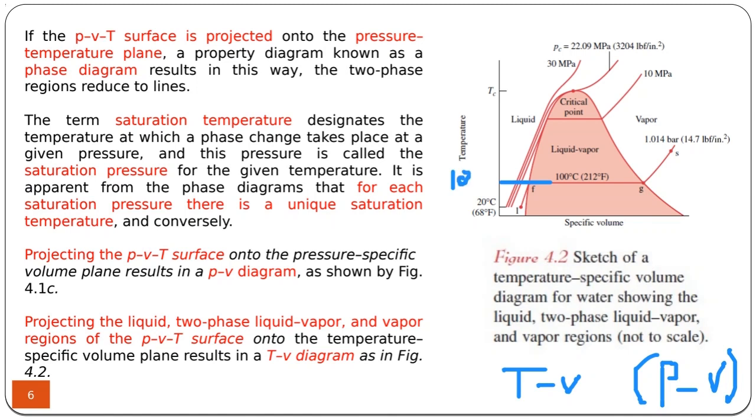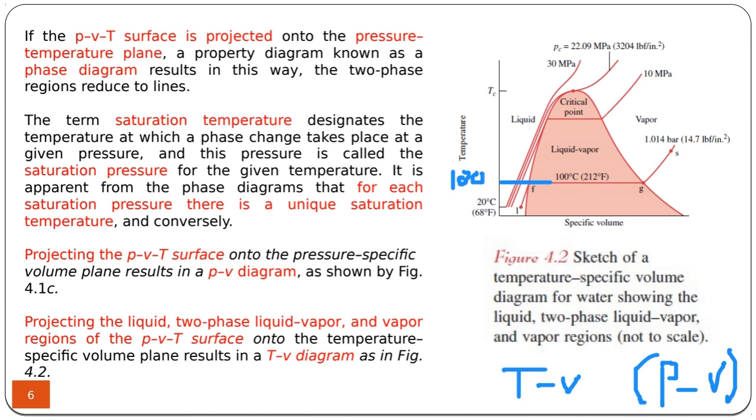And it starts with saturated liquid. During the phase change, temperature is constant. And it ends up with saturated vapor. Inside the curve, we have a mixture of liquid and vapor, depending on the location inside the mixture zone.